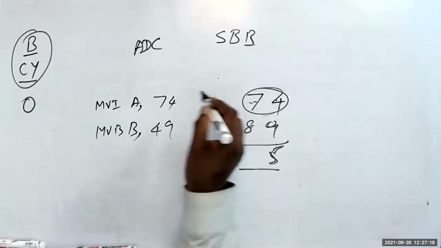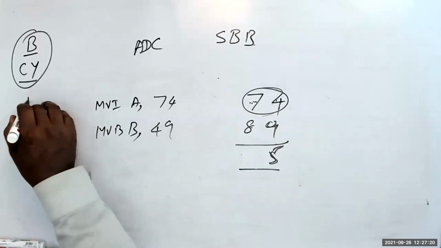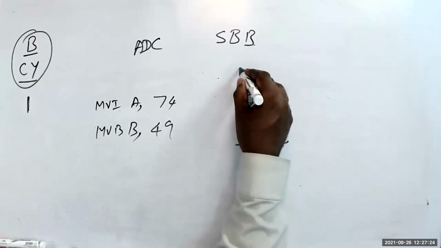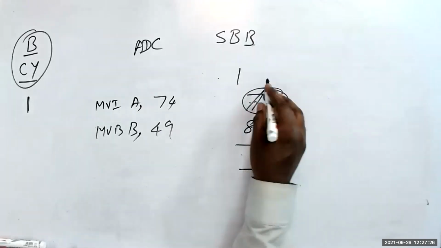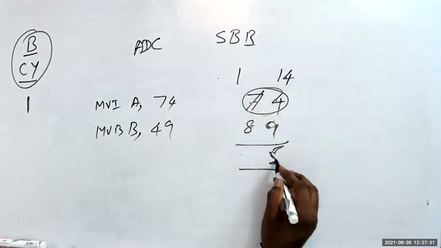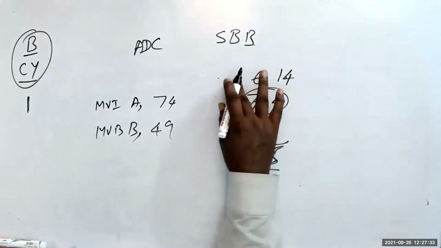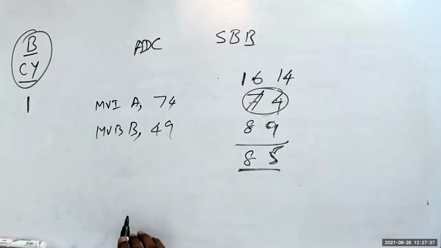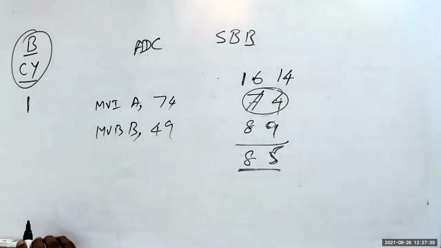So I borrow. That time I set the borrow flag as 1. Then 74, I already borrowed 1. This becomes 14. I subtracted 5. This is 6. I borrowed 1. It becomes 16. 16 minus 8, I get 85. And I also set the borrow flag. Am I right?